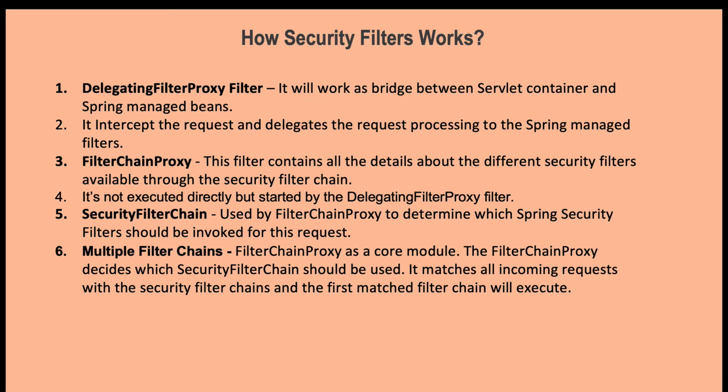So I can configure those. I will say any request that goes with /api/** will have this set of filters, and any request that goes with /web/**, meaning anything after web, should have those security filters. That information resides in our filter chain proxy, which determines the security filter chains. And a security filter chain is not one filter, it's a set of filters.